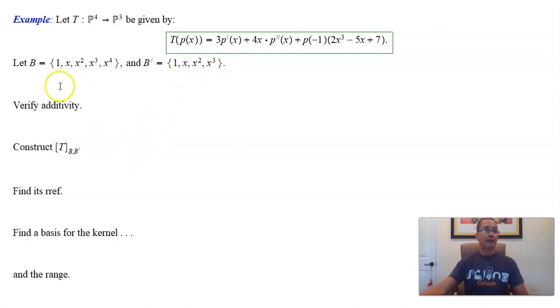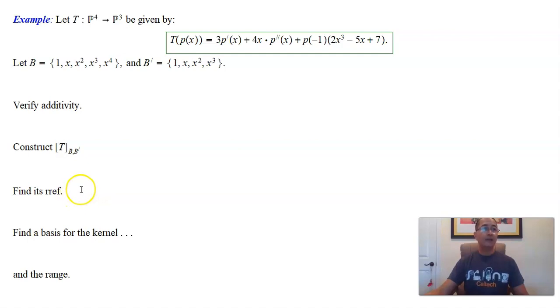Okay, so here's our to-do list. We are going to verify that this is actually an additive transformation. We will leave homogeneity to you. We will construct the matrix for this transformation using these bases. That's a good review from our last video.